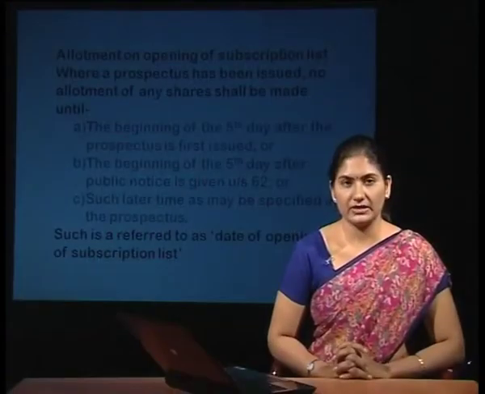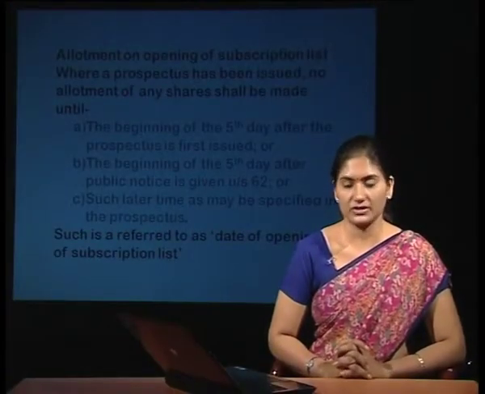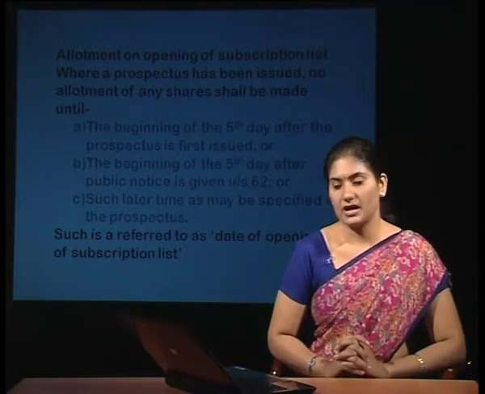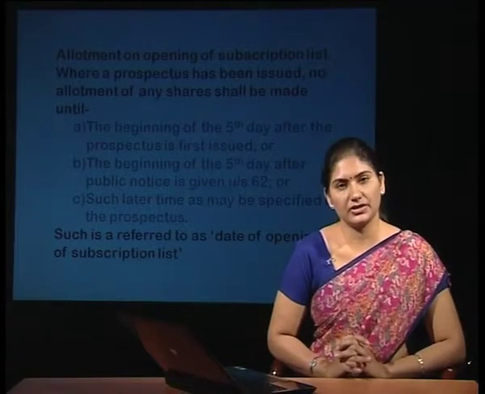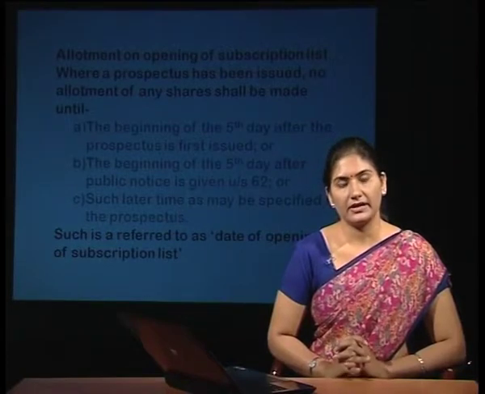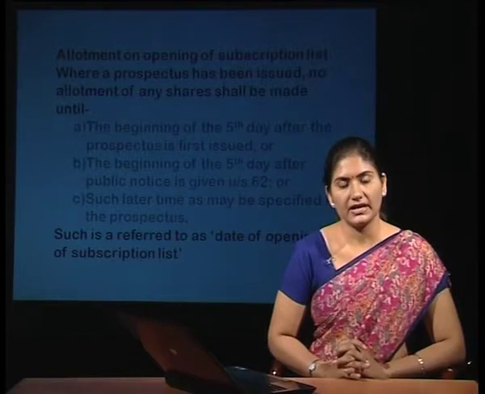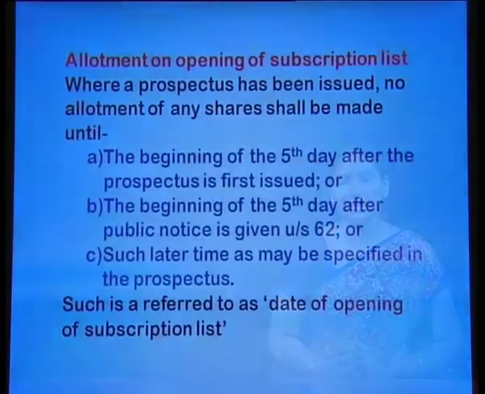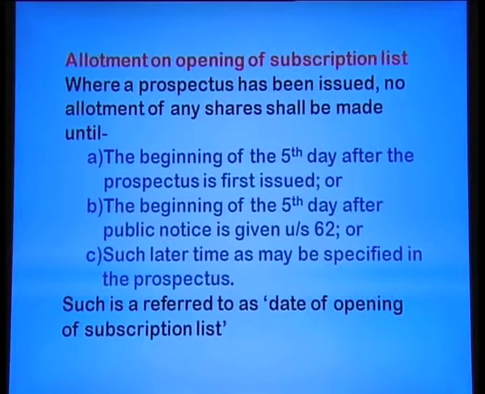So, the requirement is that if the company comes out with a prospectus, then after the prospectus has been issued, it shall give at least 5 days so that the applicants can read the prospectus, and then the subscription list shall be open to entertain the applicants.